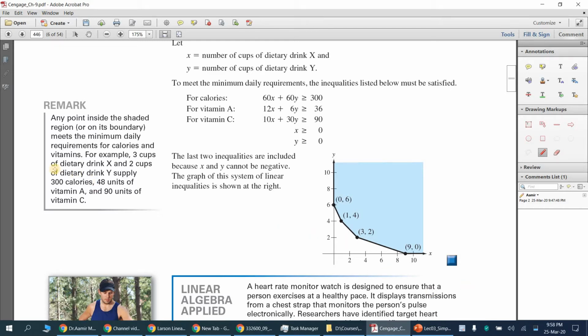You can select any value over here, for example 3 cups of drink X and 2 cups of drink Y. That will give you this point. It satisfies your 300 calories, 48 units of vitamin A and 90 units of vitamin C. So it exactly fulfills the requirements for calories and vitamin C, but for vitamin A it exceeds the minimum requirement. Clear?